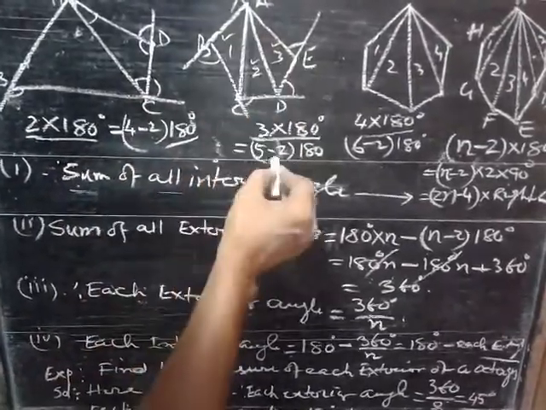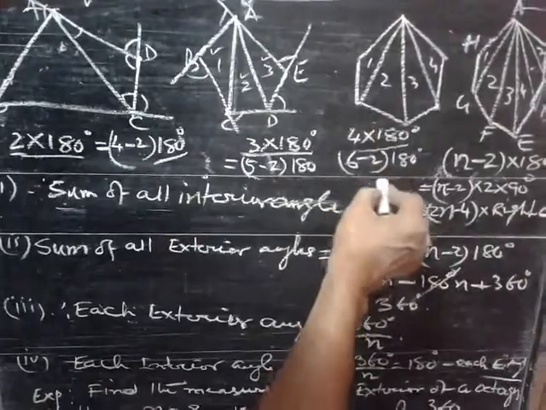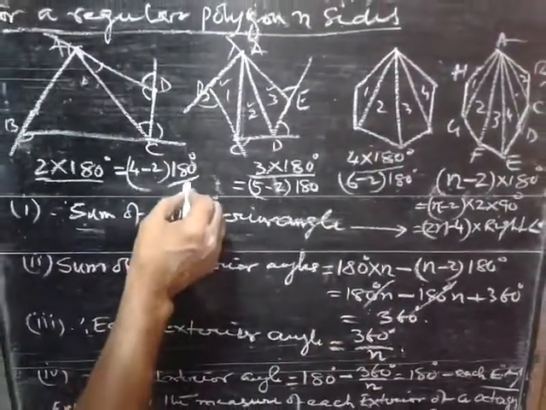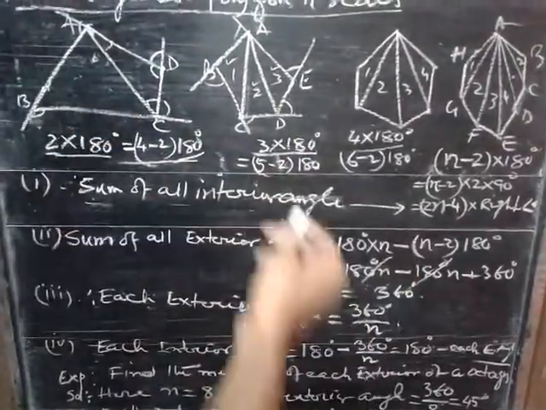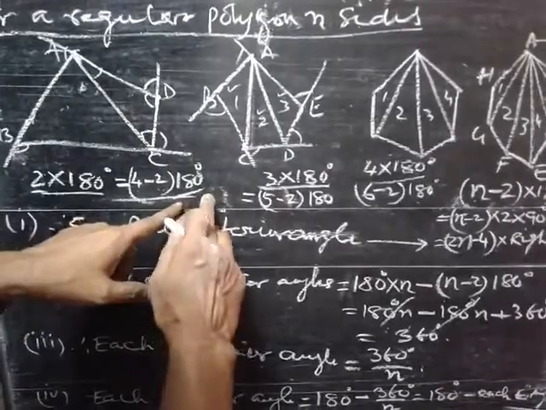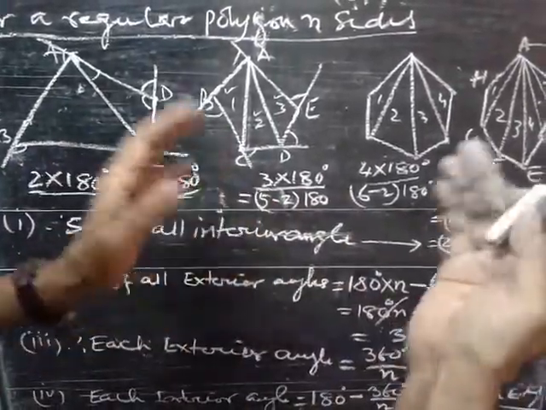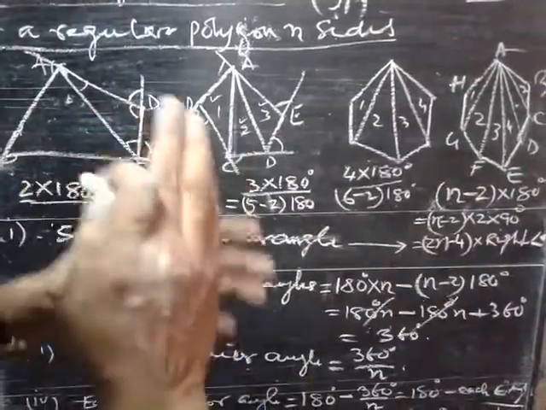Here 5 sides minus 2, it is coming 3. Here 6 sides minus 2 into 180. So we get one formula like this: number of sides minus 2 into 180 degrees, which is the general solution for any polygon.